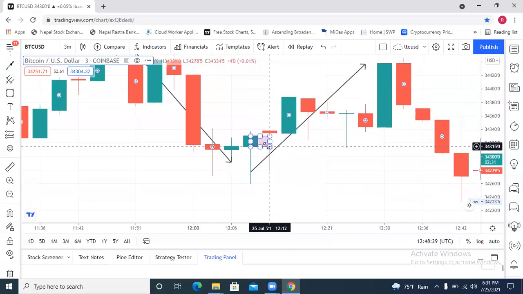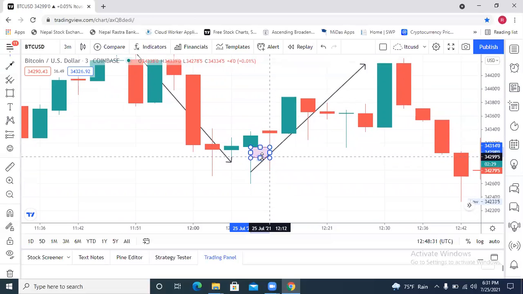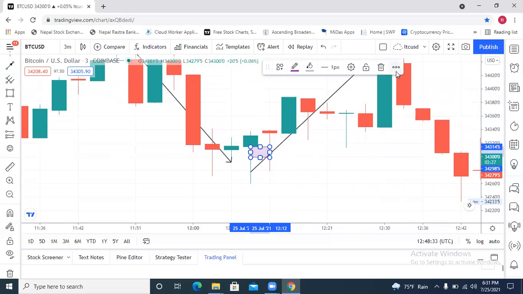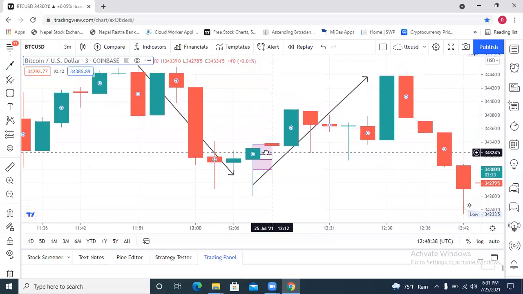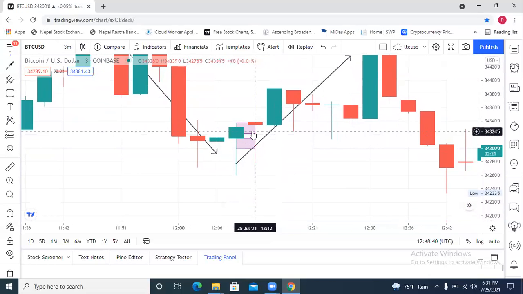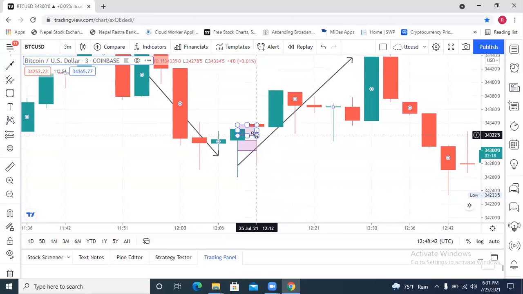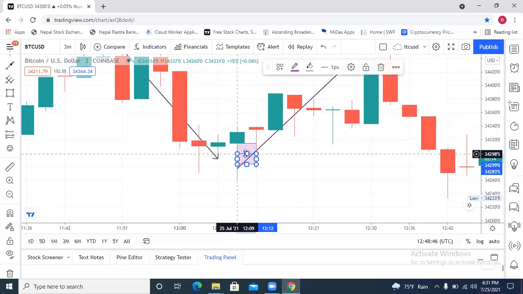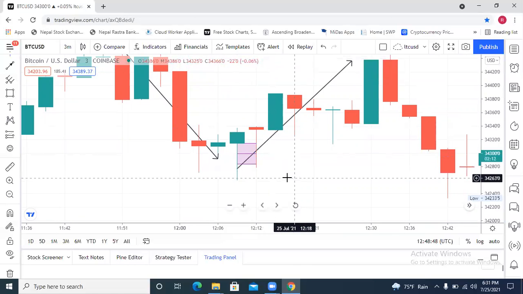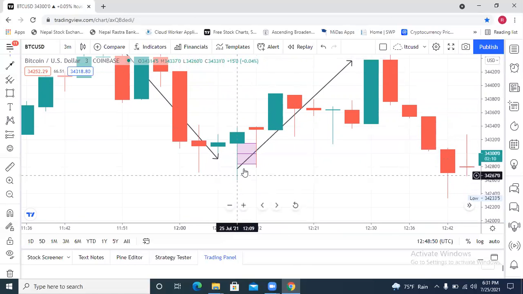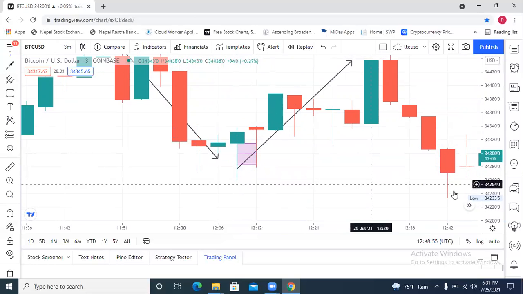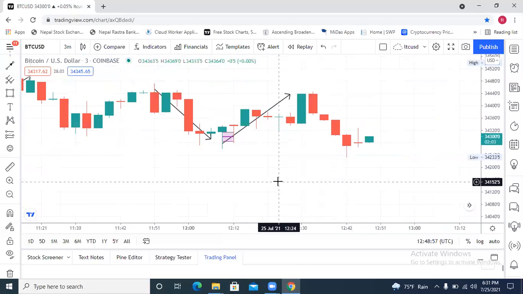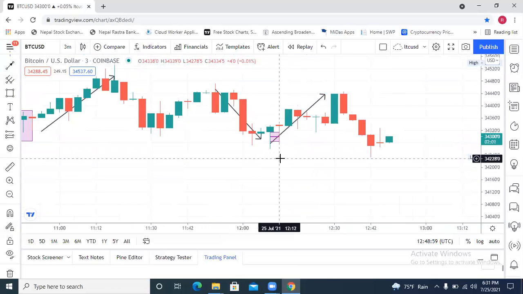I'll drag this down. This is one. Let's make a clone copy here and drag this down. Yes, perfect. The lower shadow of this candle is more than double the size of the real body. That is why it is working beautifully. You can see how beautifully it works.